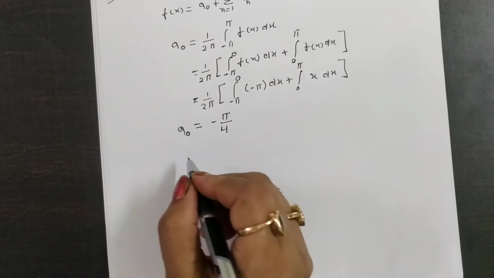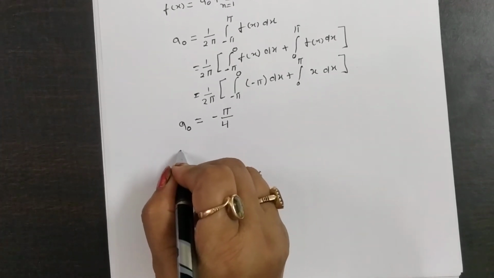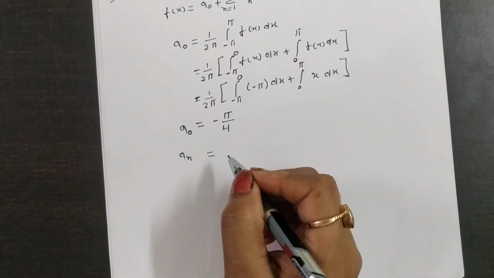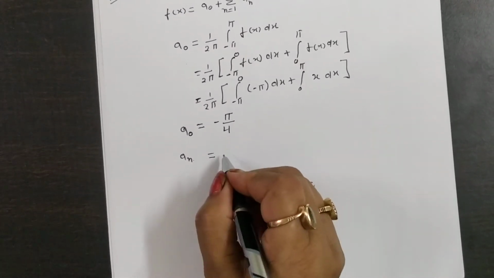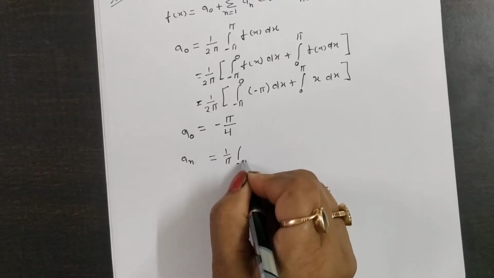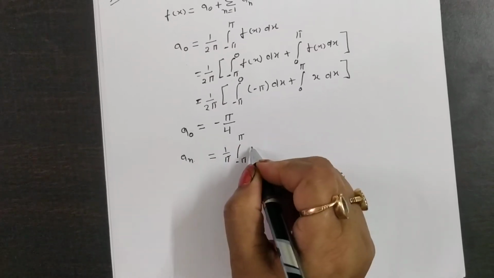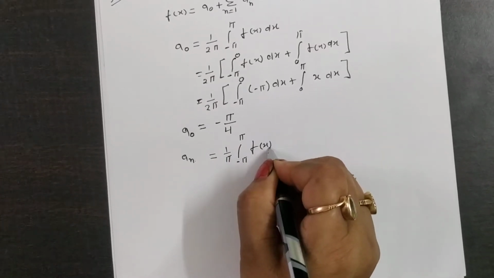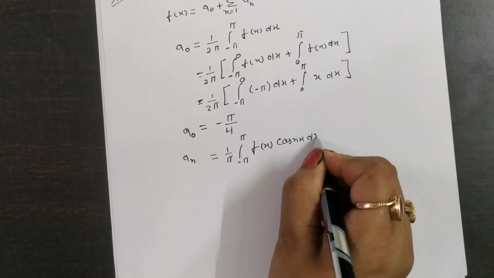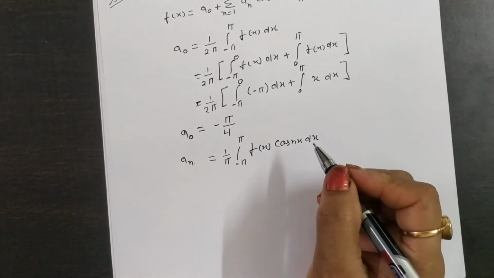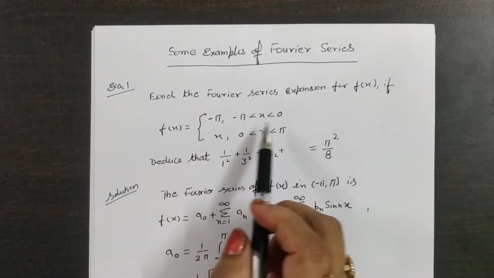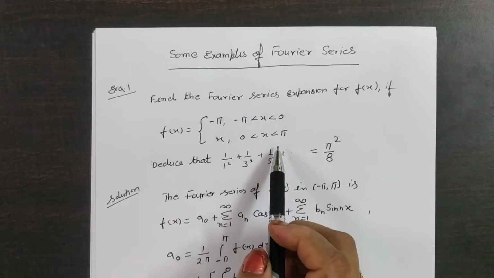So an is equal to 1 by pi, integral minus pi to pi of f(x) cos nx dx. Similarly, by the same process, you divide the integral into minus pi to 0 and 0 to pi.